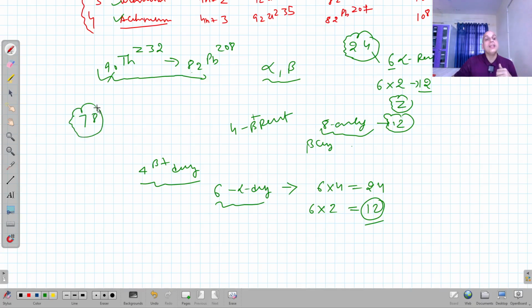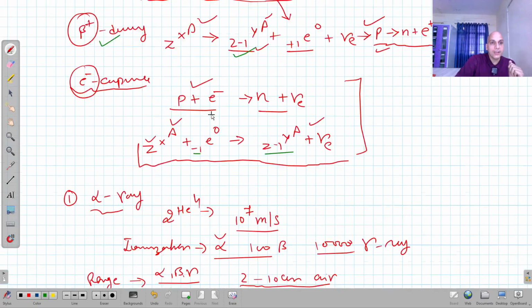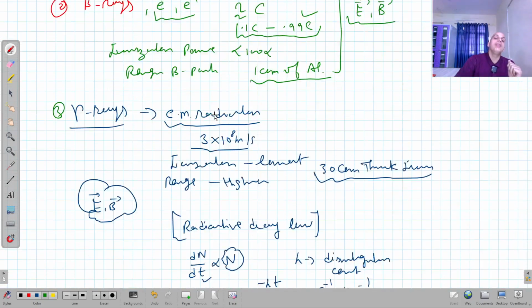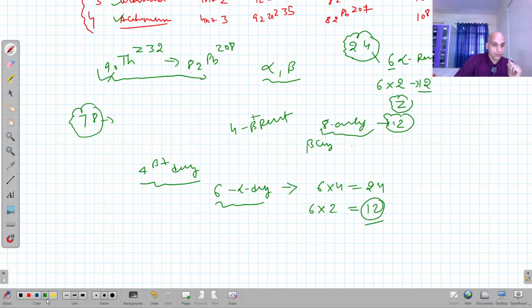So I want to increase, right? 78 to 82, a 4 increase. So 4 increase means it will be beta negative, right? Sorry, initially we assessed it wrongly. So it will be beta negative decay, 4 beta negative.